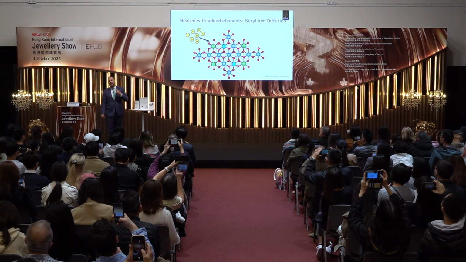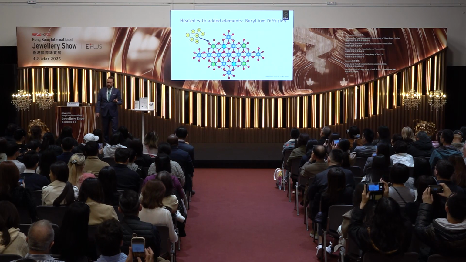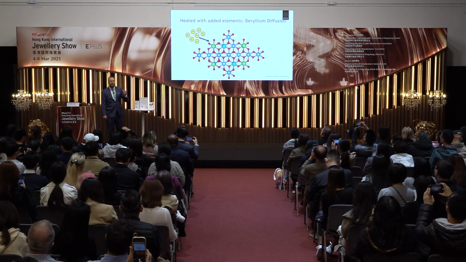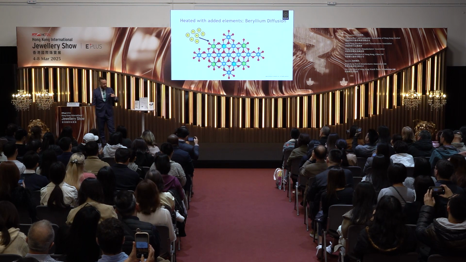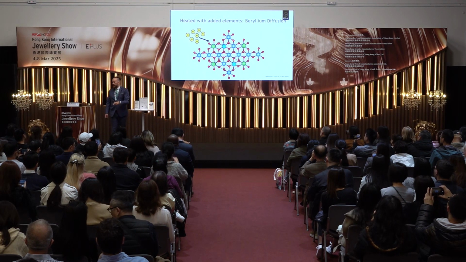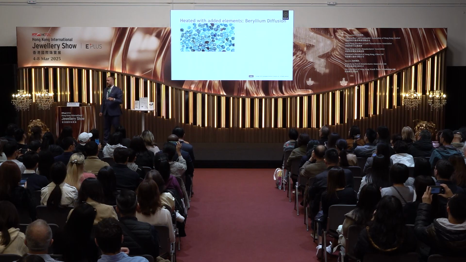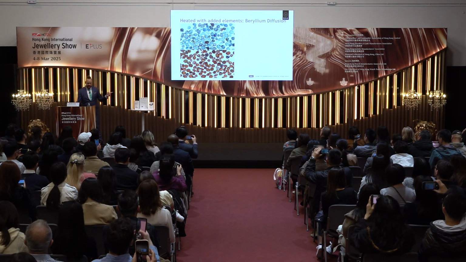So one of the most impactful treatments is what we call beryllium treatment, beryllium diffusion, which started happening almost 25 years ago and really made big waves in the market. Because if you force beryllium into a corundum at high temperatures, it will turn material like this into material like this.